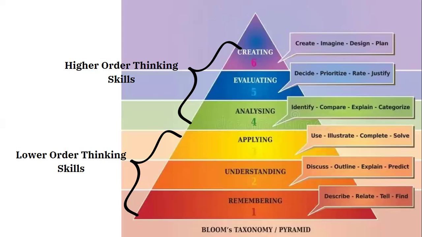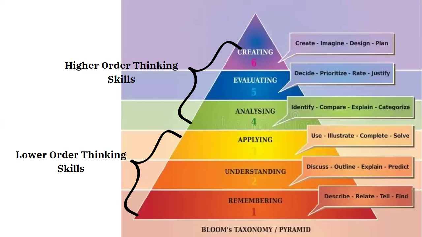Examples of higher order thinking are, number one, identify the themes in a novel. Number two is evaluate the credibility of sources in a research paper. Now, in the Bloom's taxonomy, you can see analyzing, evaluating, and creating are all higher order thinking skills.